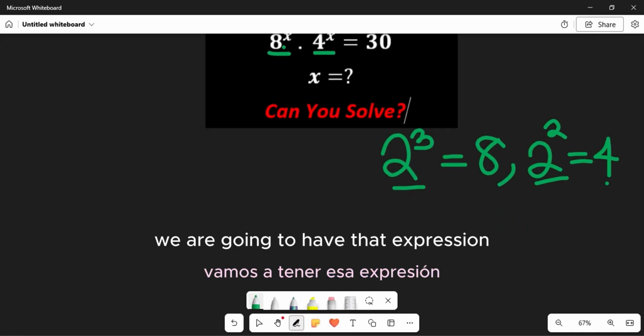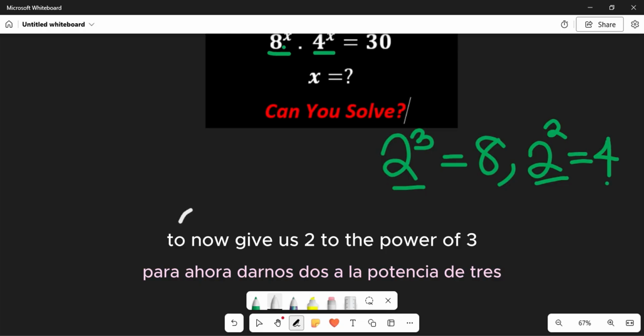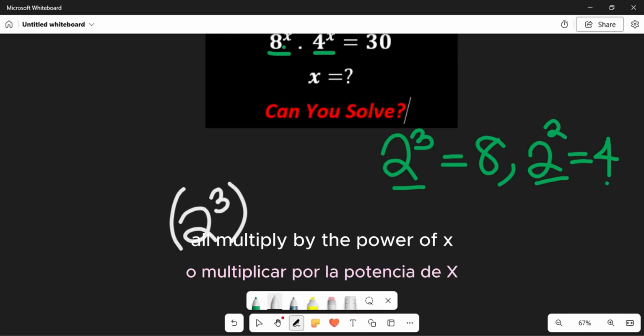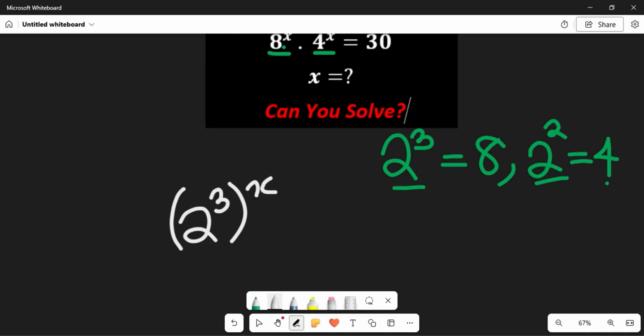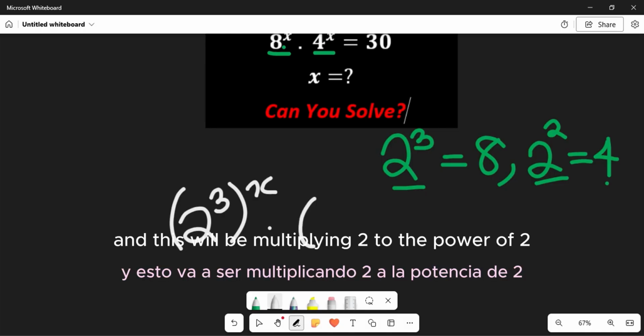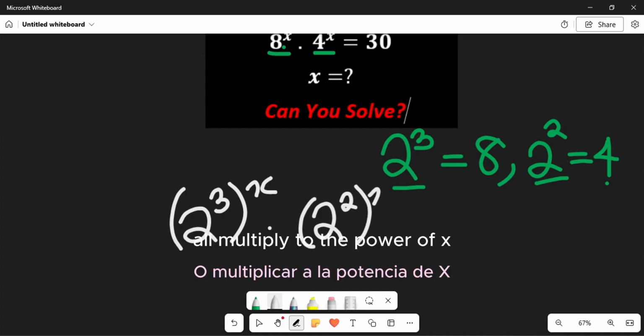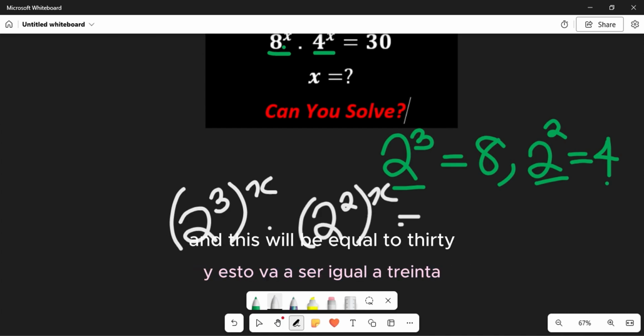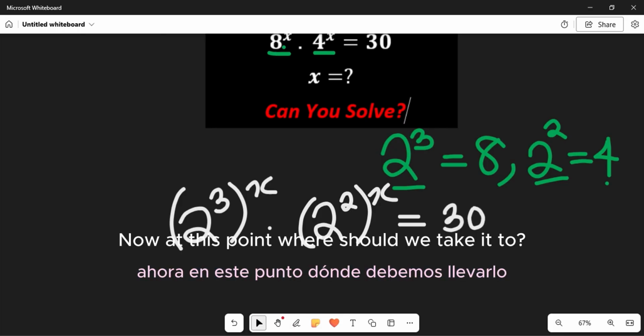We're going to have that expression give us (2^3)^x multiplied by (2^2)^x, and this will be equal to 30. At this point, where should we take it?